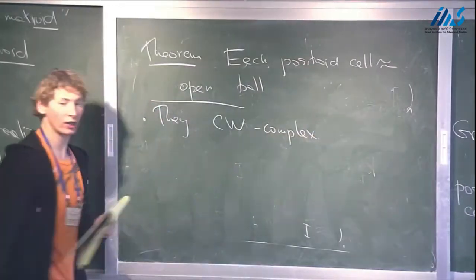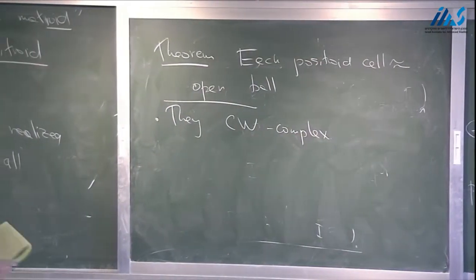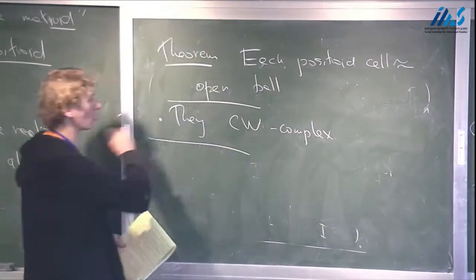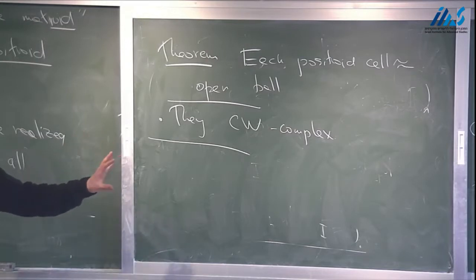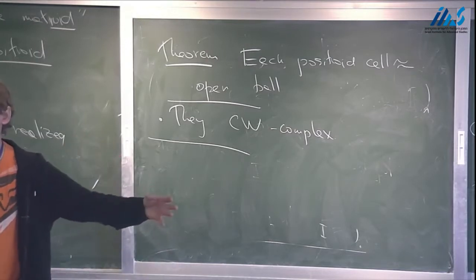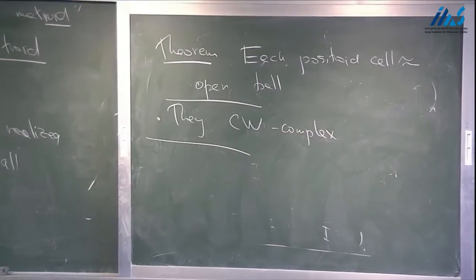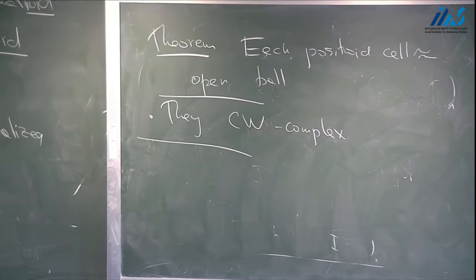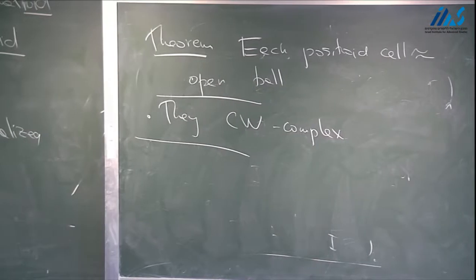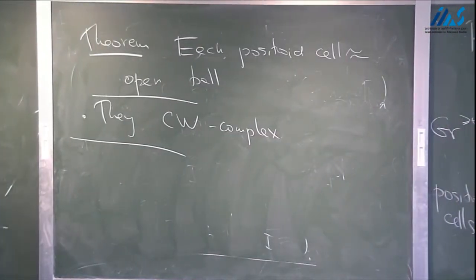So they're attached to each other in a nice way. Even more is true: these positroid cells can be explicitly constructed. There is an explicit combinatorial way to construct them, and they can be labeled by nice combinatorial objects, for example, by permutations of some kind. So you can completely combinatorially describe the structure of the poset of the positroid cells, and I probably will do it in the next lecture.